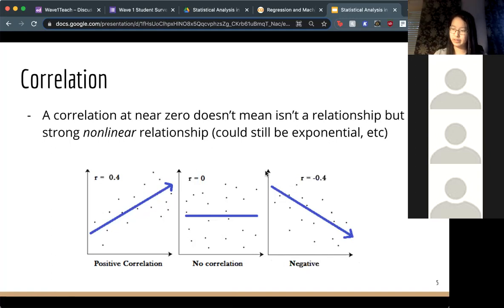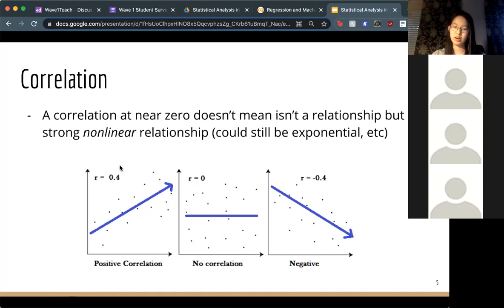Maybe the higher the temperature, the fewer seeds sprout, maybe you're over baking them, some kind of thing like that. Or the greater the predator population, the smaller the prey population, that kind of stuff. So that sort of trend is a negative trend. And then your Pearson correlation coefficient, you can see that it's negative. That implies a negative association when you're looking at the correlation.